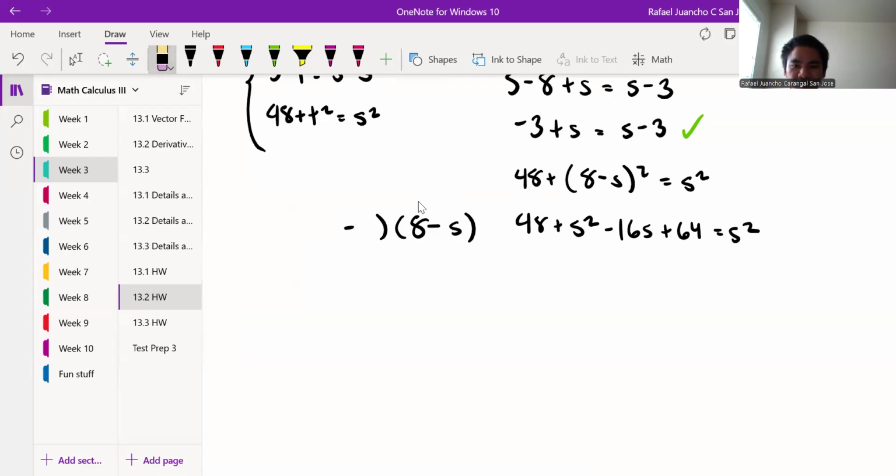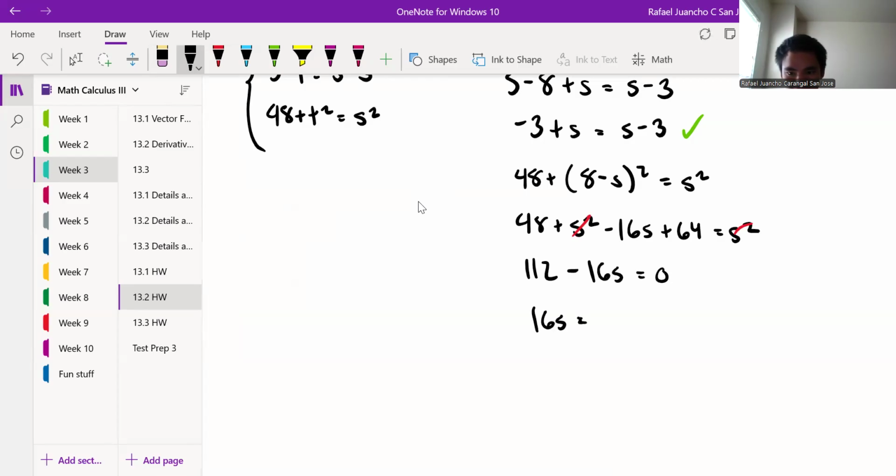And then I can subtract s squared from both sides, or I could even add these two together. So I get 48 plus 64, that's 112. I get to cancel this s squared on both sides. Minus 16s, I get 0. I get 16s equals 112. S is 112 over 16.